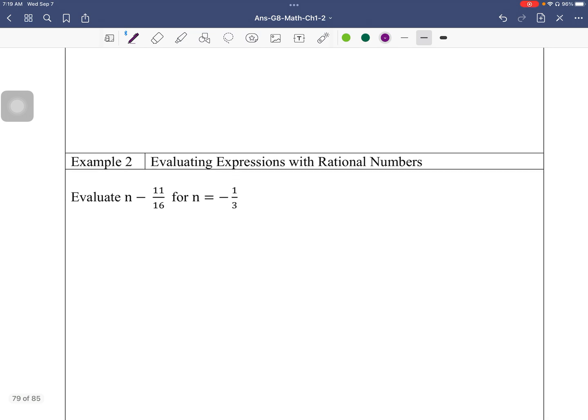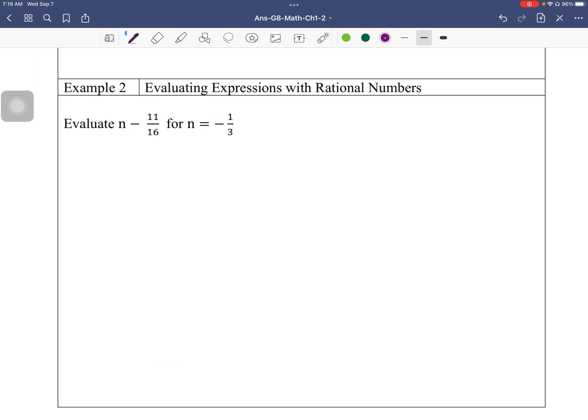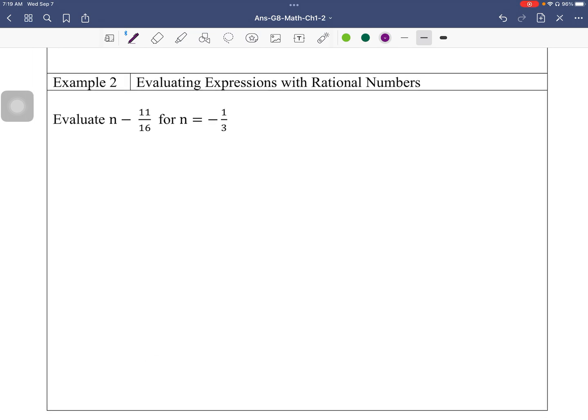Then the next one, example 2. I want to evaluate n minus 11 over 16 when n equals negative 1 over 3. So to do this, negative 1 over 3 minus 11 over 16. To do this, 3 and 16, okay, seems like the LCM is 48.